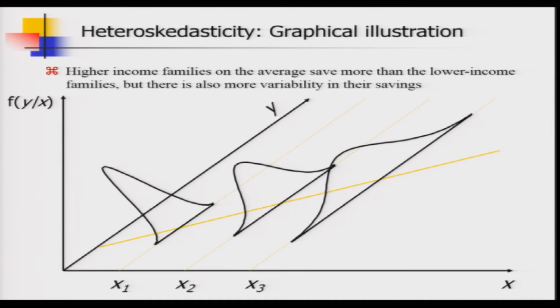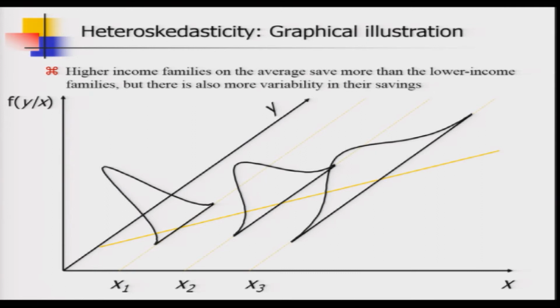But note that this population regression function will pass through the mean point, the expected value of y for a given value of x. Here I am showing you three different possible values of x, and for each of these values I have erected vertical lines in the x and y plane. All my values of y for a particular value of x will lie on one of these lines.